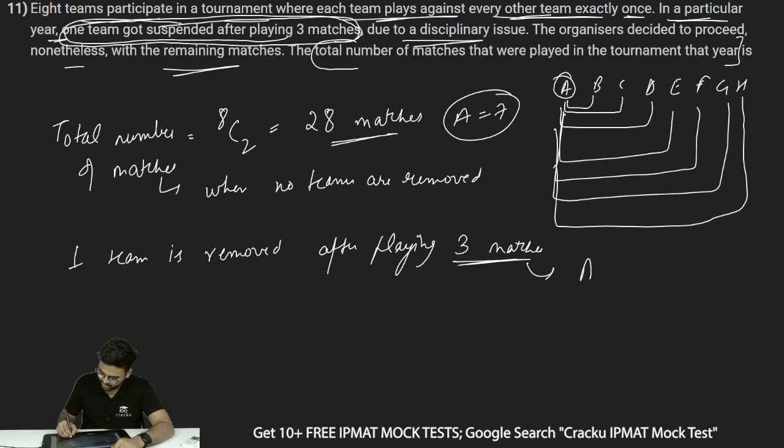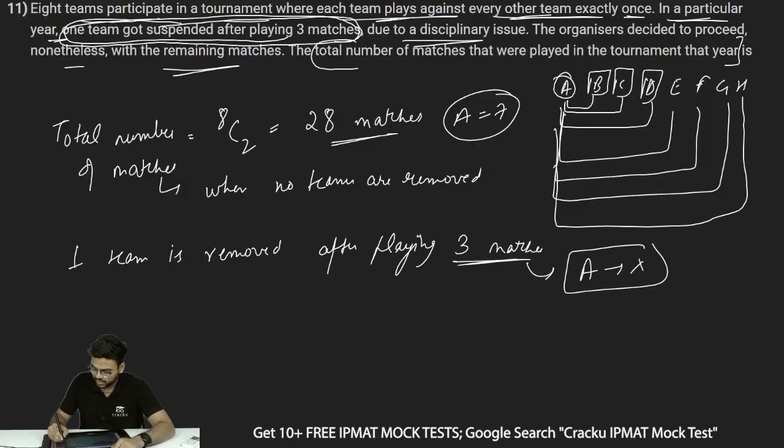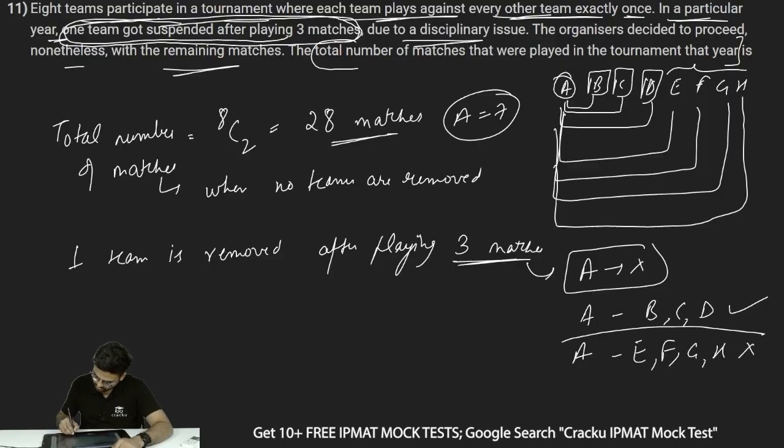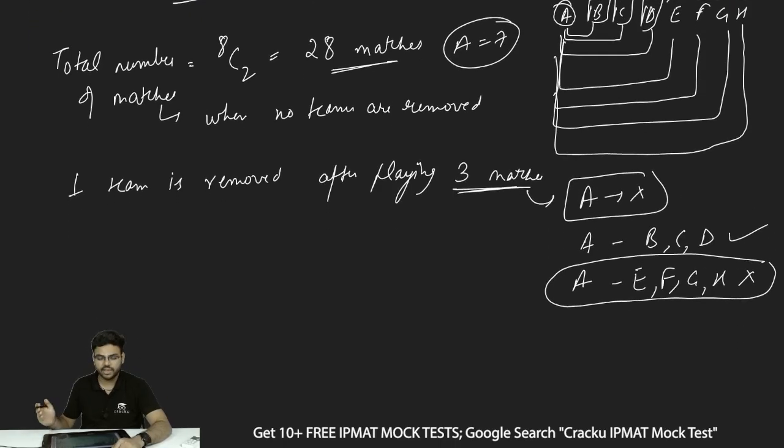It played its game with B, with C, with D. But team A was not able to play its game with E, F, G, H. So these 4 games will never happen: A with E, A with F, A with G and A with H.